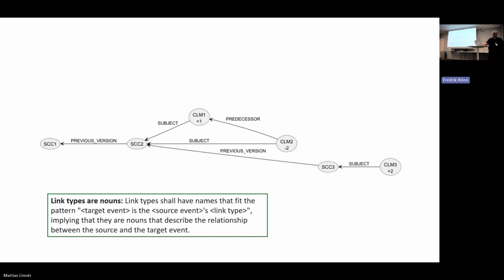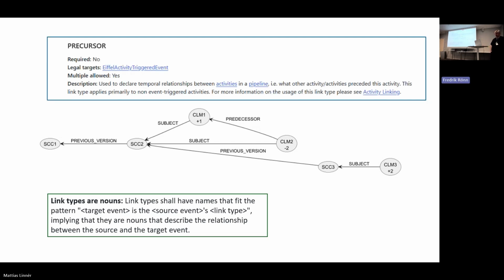But I also want to point out that we have something called a precursor that we use to order activities in a pipeline. For this one, we might not want a precursor, because maybe it's not a time order. So the idea is to have a predecessor in between. Any thoughts around this?